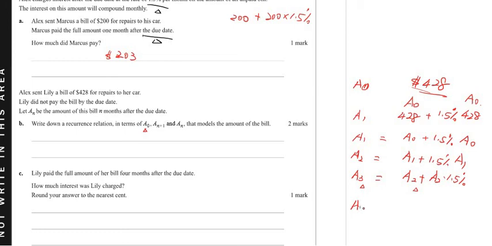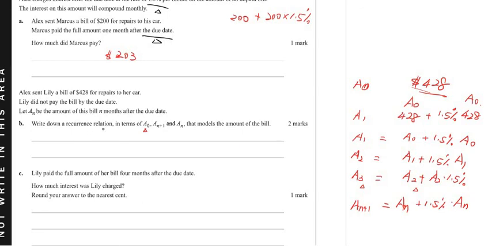So I will put my A_{n+1} term over here, and my A_{n+1} term will be what she didn't pay in the previous term and a 1.5% amount of interest paid of the part that she didn't pay.